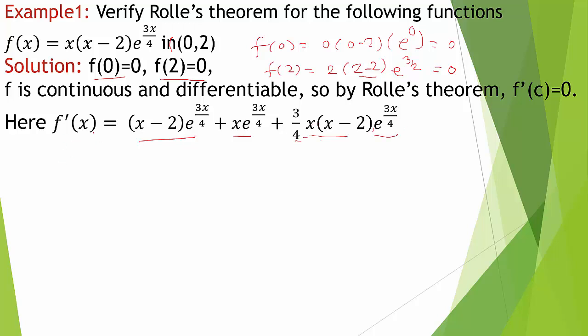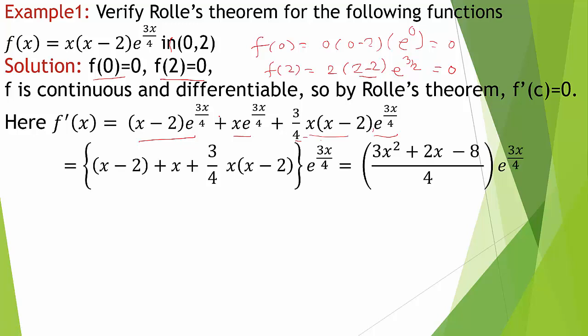Therefore, f dash x becomes x minus 2 e raised to 3x by 4 plus x e raised to 3x by 4 plus 3 by 4 x into x minus 2 e raised to 3x by 4. If we take e raised to 3x by 4 common, we will get x minus 2 plus x plus 3 by 4 into x minus 2, which is equivalent to 3x square plus 2x minus 8 by 4 into e raised to 3x by 4.